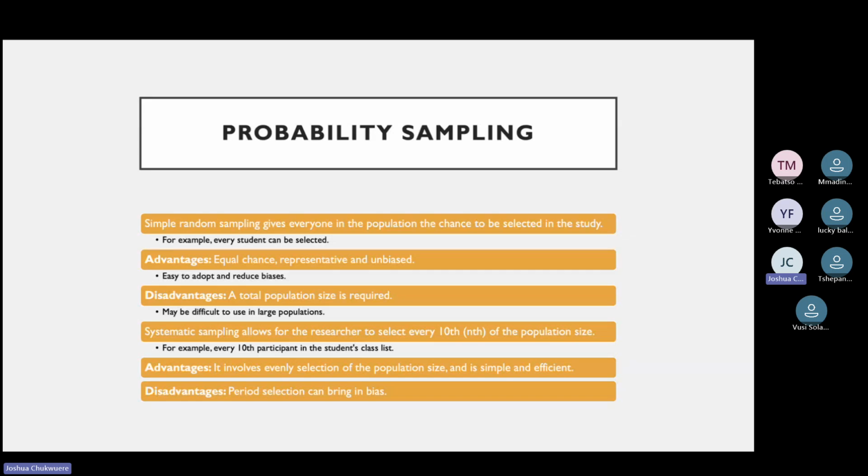One of the benefits is that it allows even selection of population size and the sample, and it's much more efficient. However, the period of selection can bring about bias. You are selecting, but you don't like this one, you can exclude it. What if the person that you selected has no knowledge of your study?